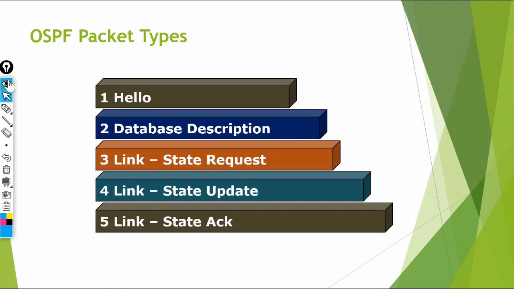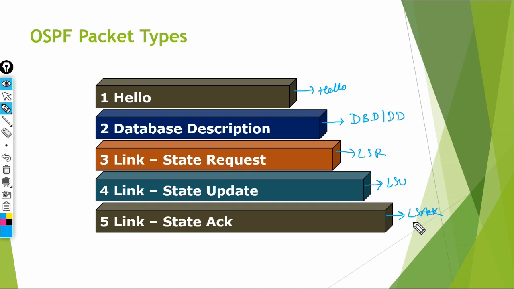The first packet is the hello packet, and the second packet is your database description, which in short you call DBD or just DD packet. Then LSR, link state request, LSU, link state update, and LSAck, link state acknowledgement.